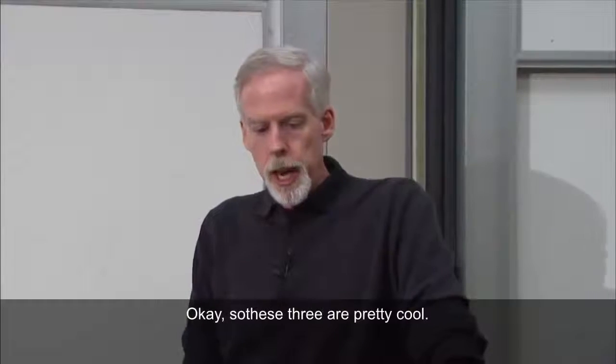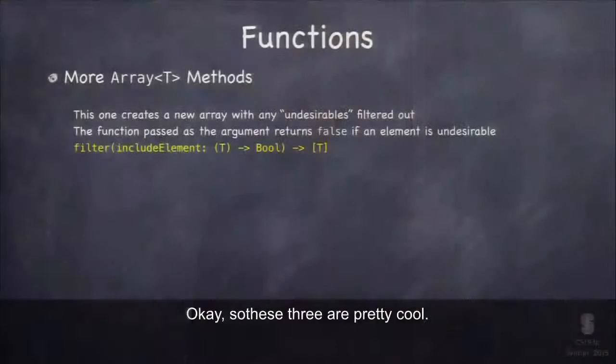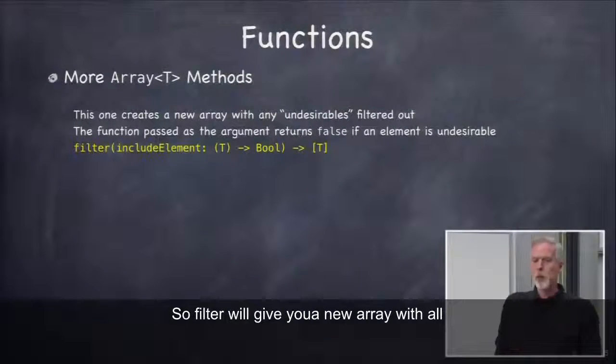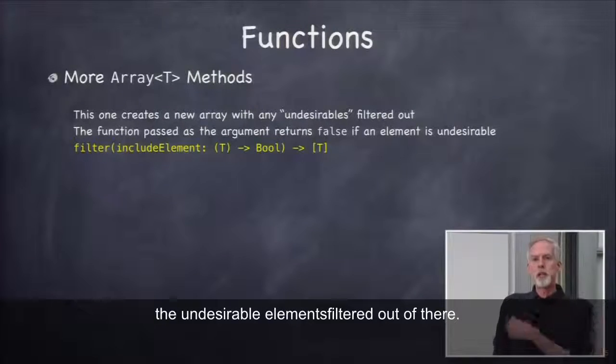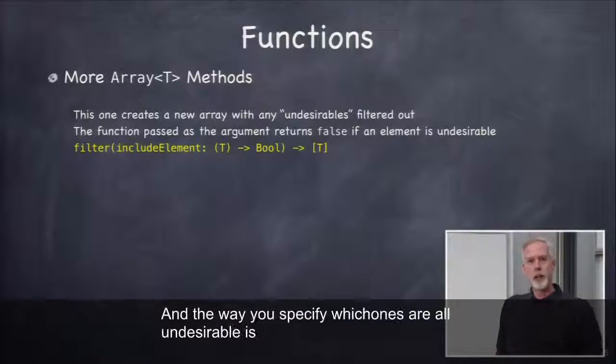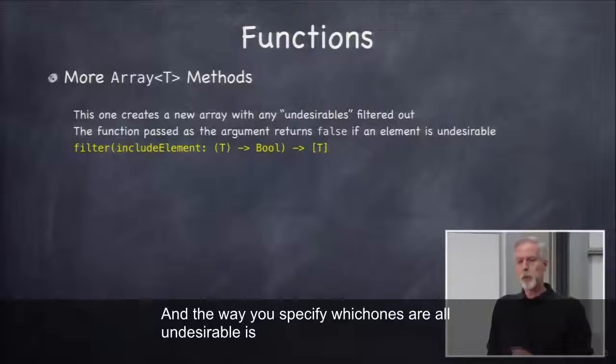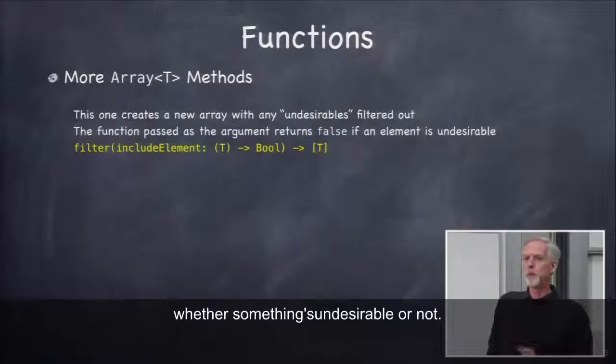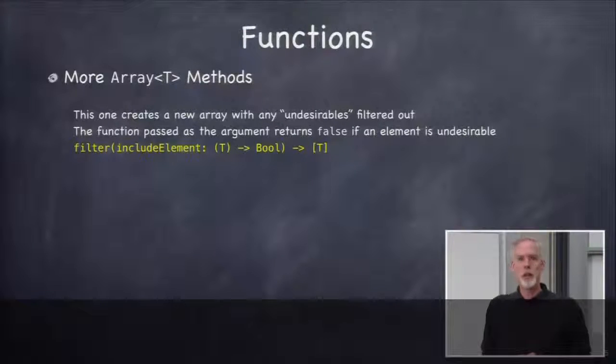More array methods. These three are pretty cool. This one's called filter. Filter will give you a new array with all the undesirable elements filtered out of there. The way you specify which ones are undesirable is with the argument, which is a function that just returns a bool, whether something's undesirable or not. Make sense?